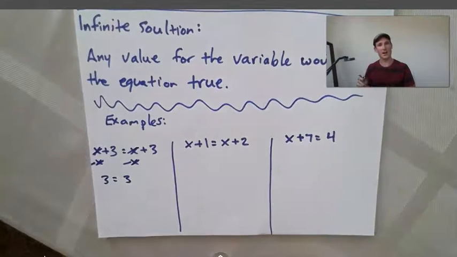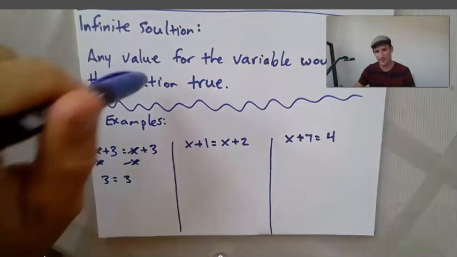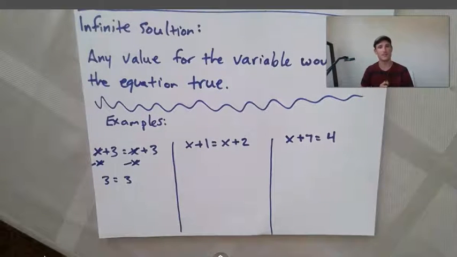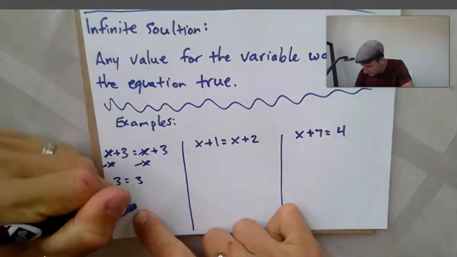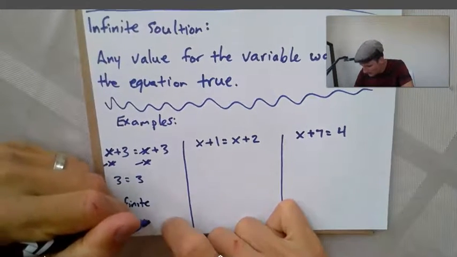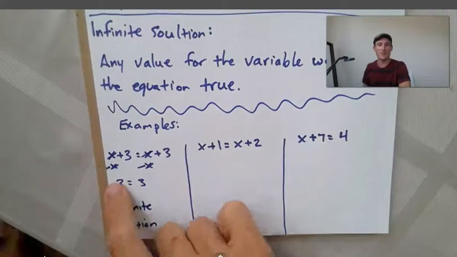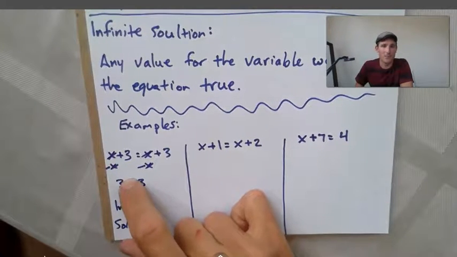Anytime you get a constant equaling itself, like 3 equals 3, this is a huge indicator that we are looking at an infinite solution. Why is it infinite? Because I could put in any value for x and I would still get the same result.